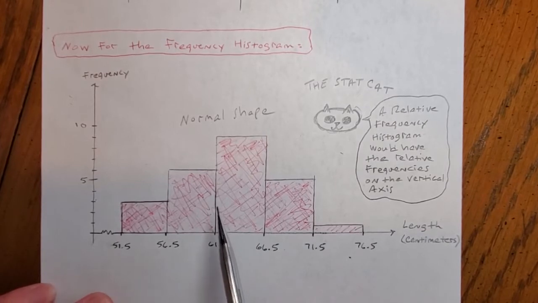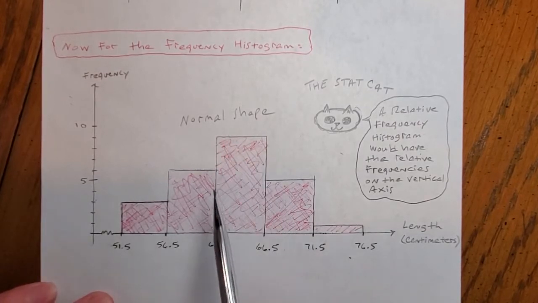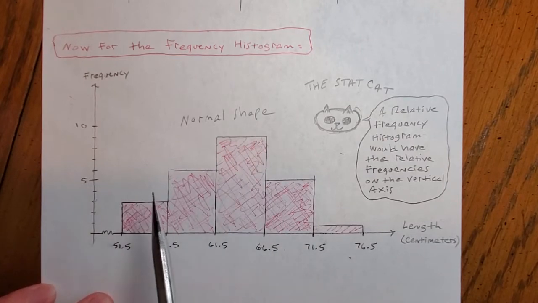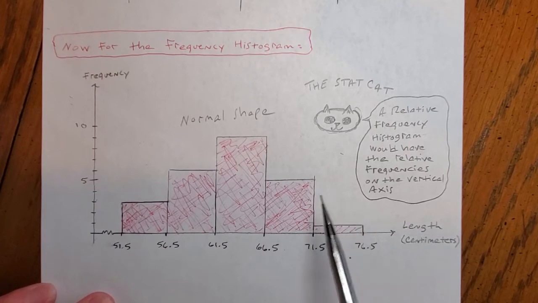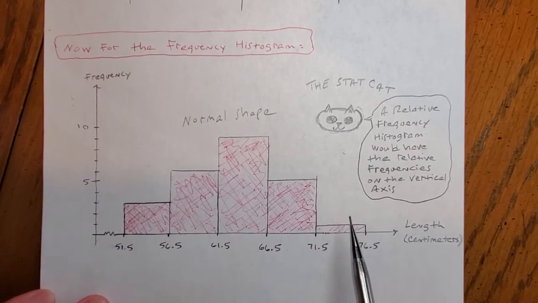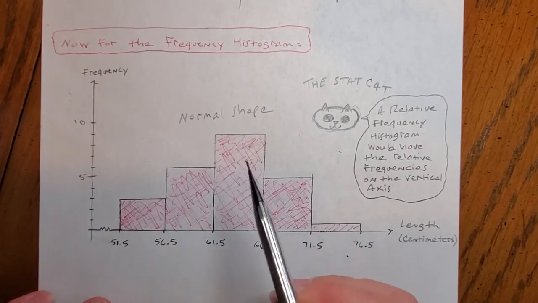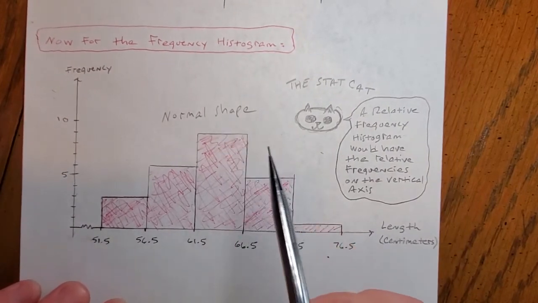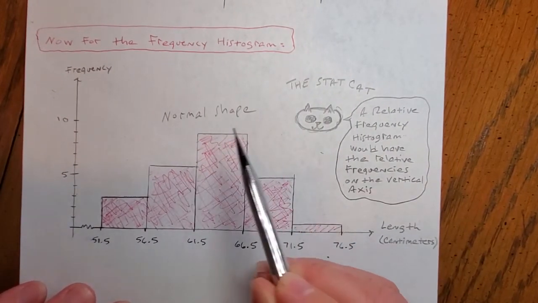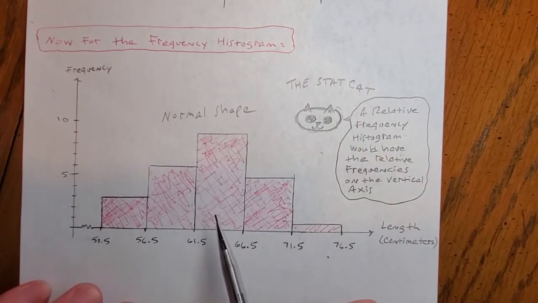With people's IQs or people's heights, there's kind of an average IQ or an average height, and there's not very many at the farthest lower end of that, and not very many at the farthest upper end. Among men, most men are average height almost by definition.